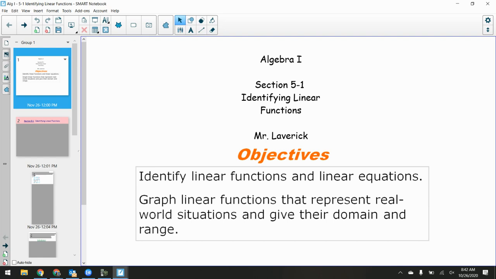Once we get done with chapter 5, you will know everything there is to know about linear functions, straight line functions, and how to create them given all sorts of different things. But that's okay, because graphing linear functions is one of the big key ideas to Algebra 1.